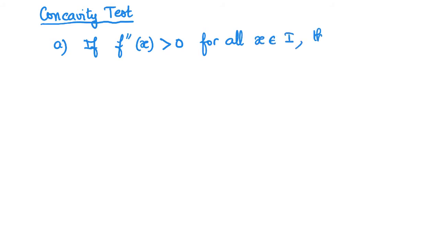Well, there is a really nice test which involves the second derivative. And this test says the following. If the second derivative of a function is greater than 0 for all x's in a certain interval I, then in that interval the graph of f is concave up.